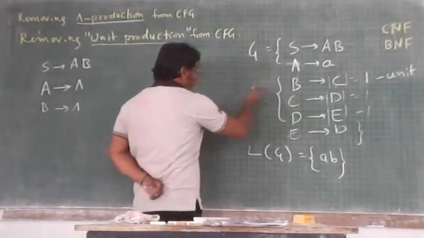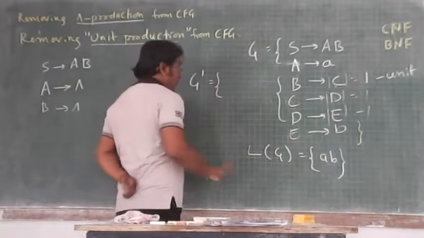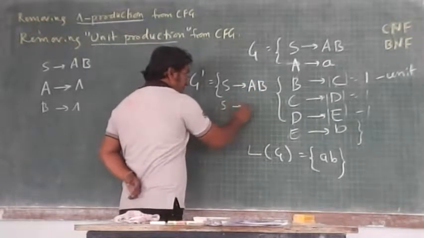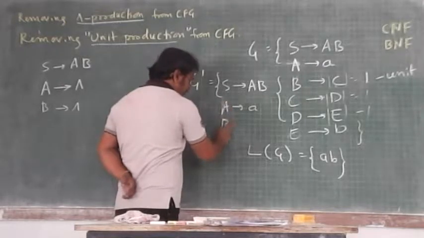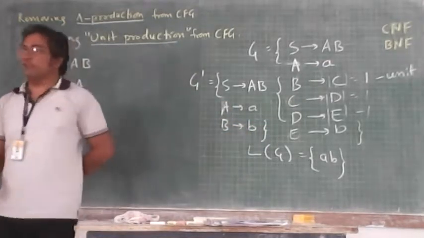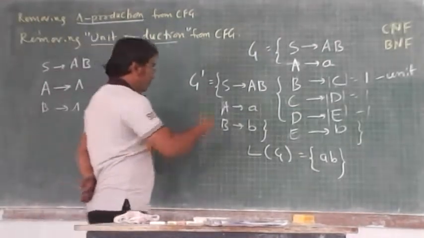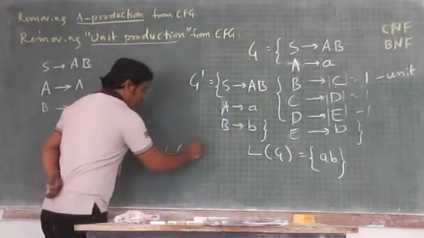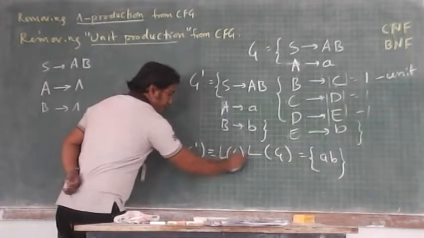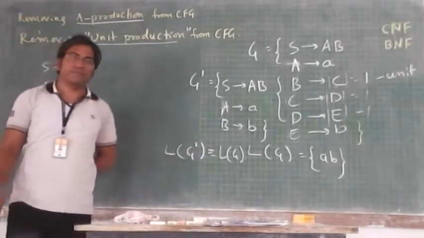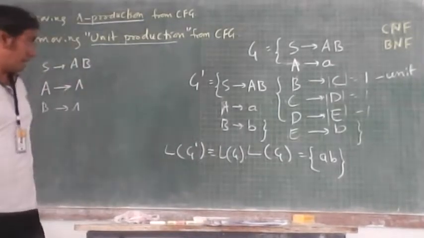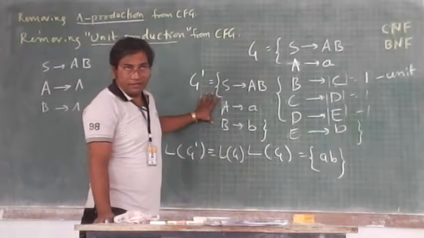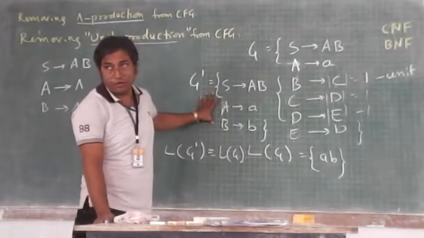So an equivalent grammar I can have for this G is S implies AB, A implies A, B implies B. This much grammar is sufficient for me to derive the exact string which has been derived by the grammar G. In this case, the language generated by G dash is equal to L of G. So there is no loss of generality in having this new grammar, and I can clearly see that there are no unit productions.